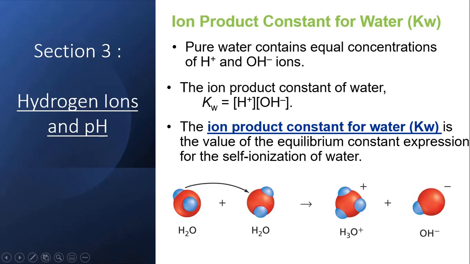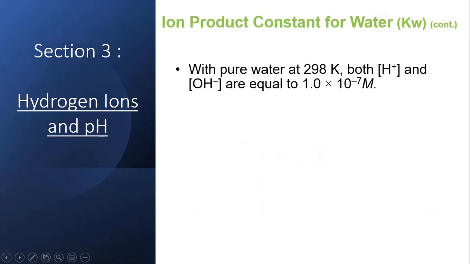It's found also in the chemical equation: H2O plus H2O will produce H3O positive and OH negative. We said H3O positive is similar to H positive. Hydronium ion and hydroxide ion together come from the water.